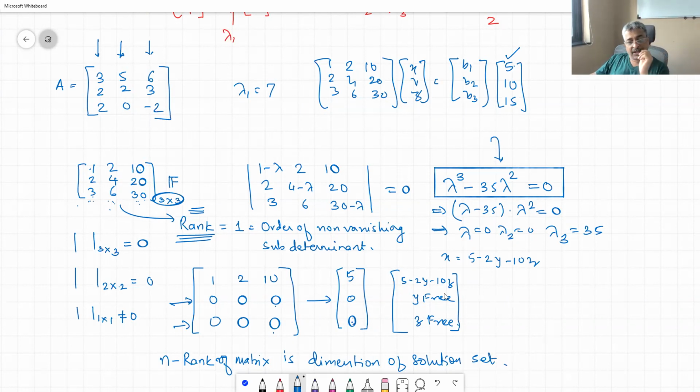Okay, so in this case our solution set is two dimensional, and as far as eigenvalues are concerned, we have got 0, 0 repeat root and 35. So 35 is a non-zero good eigenvalue.